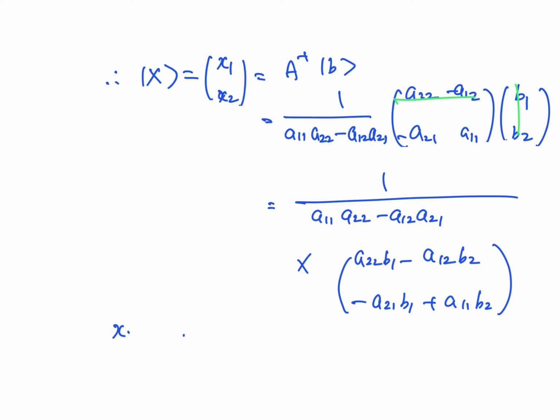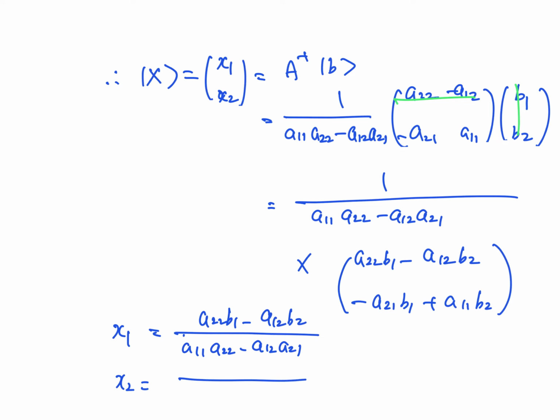So we have the answer that x1 turns out to be (A22 P1 minus A12 P2) over (A11 A22 minus A12 A21). x2 is simply (minus A21 P1 plus A11 P2) over (A11 A22 minus A12 A21).